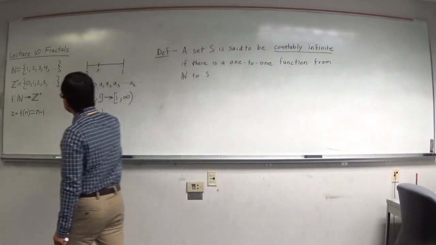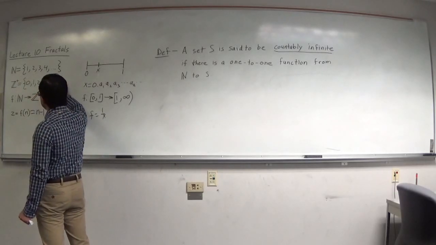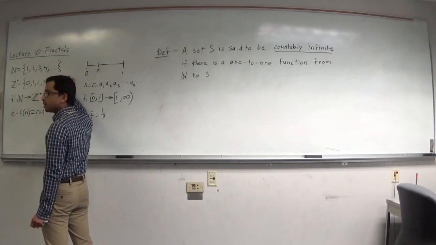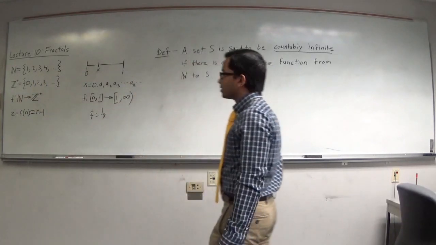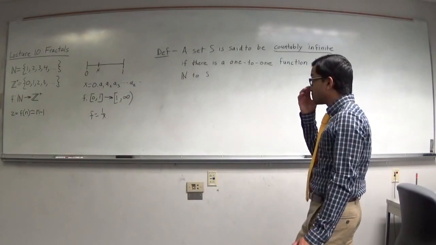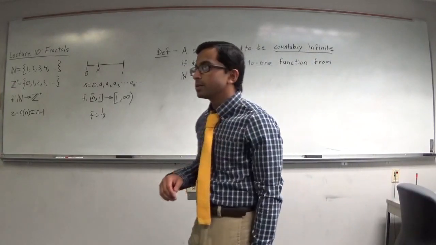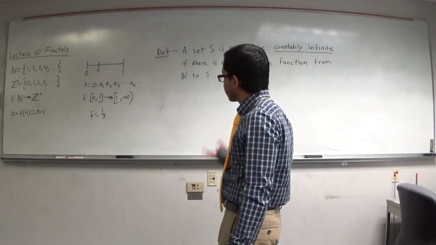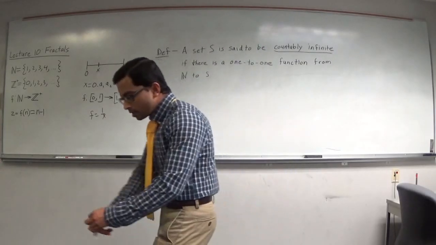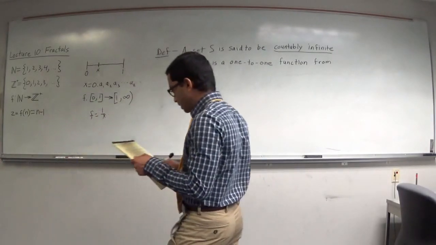So here we can come up with a sequence for Z plus, but that sequence is just n minus 1. So if we can write the elements as a sequence, we have a one-to-one correspondence between the naturals and S. So that's what it means to be countably infinite.